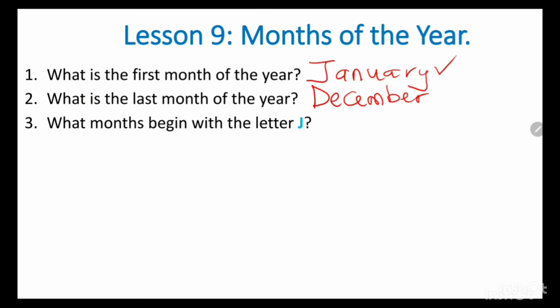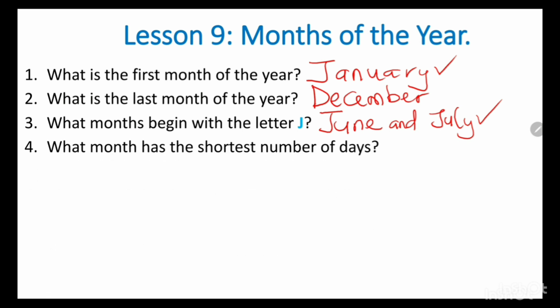Okay. Number 3, what months begin with the letter J? There are 2 months that begin with the letter J. Do you know them? If you say June, and July. You are correct. Okay? Number 4.